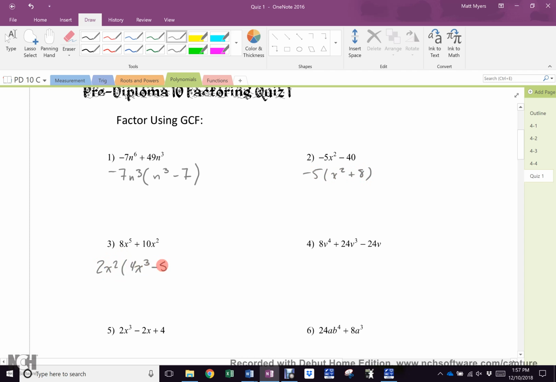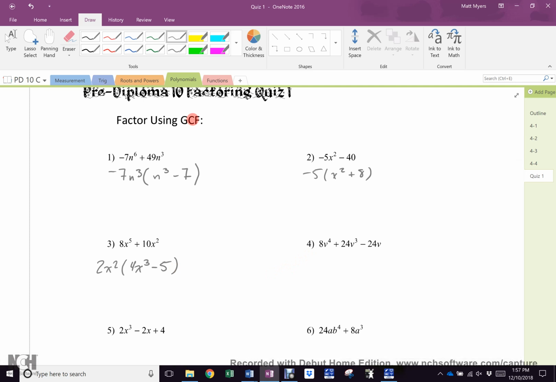Oh my gosh. Okay, so Mr. Myers, I'm sorry, but it said greatest common factor, so I divided it by only 7. Yes, I'm getting to that. So, again, the greatest common factor is indeed 7.